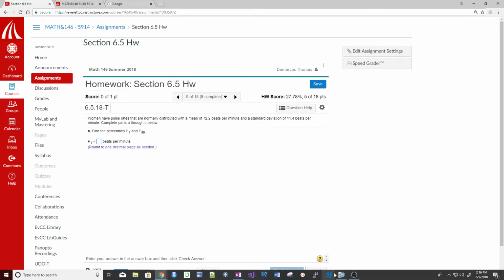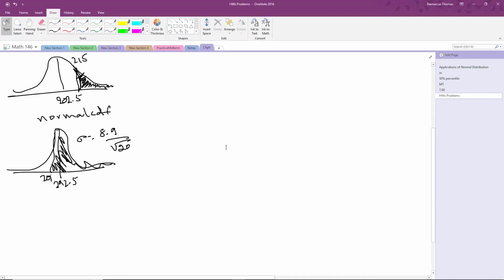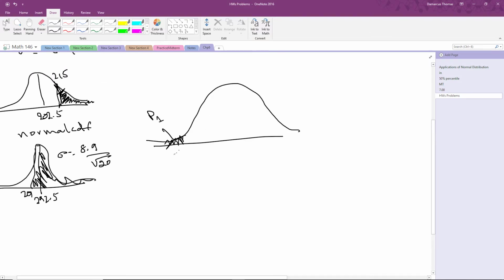Alright, so let's pull out our notebook here. First of all, in a normal distribution, the first percentile, P1, corresponds to the bottom 1%. So what X value will give me the bottom 1%?